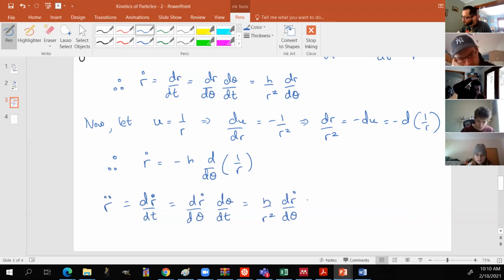And we can replace that with the double derivative now. So you get minus h squared over r squared, by plugging it in again, you're just doing it twice now, of d squared over d theta squared of 1 over r, like that.